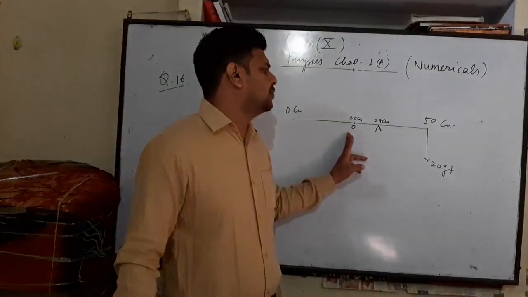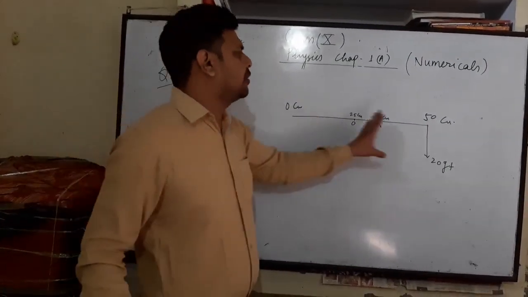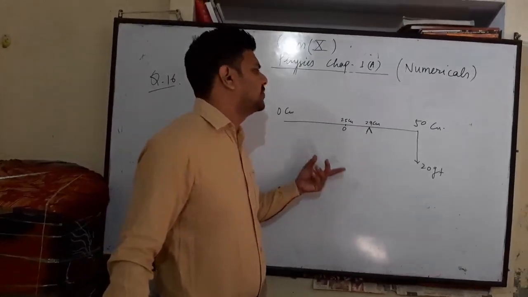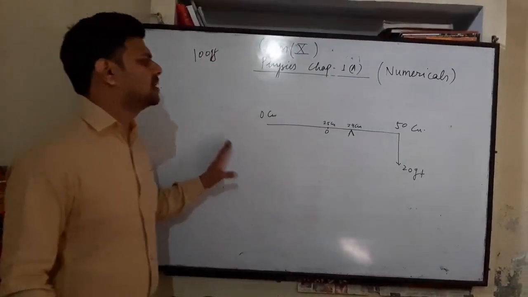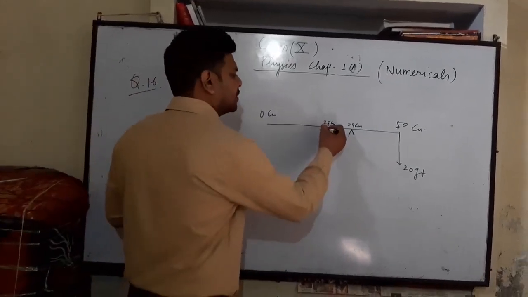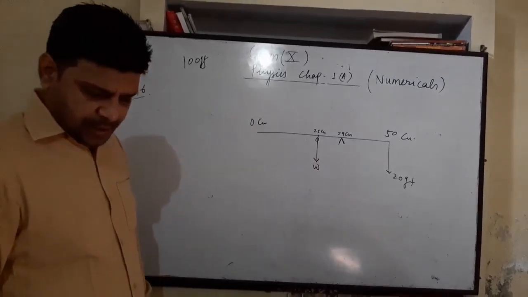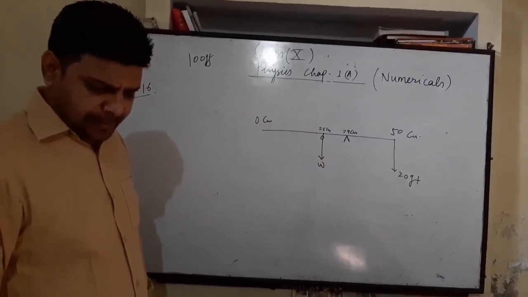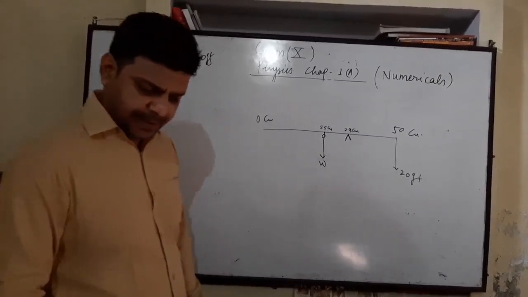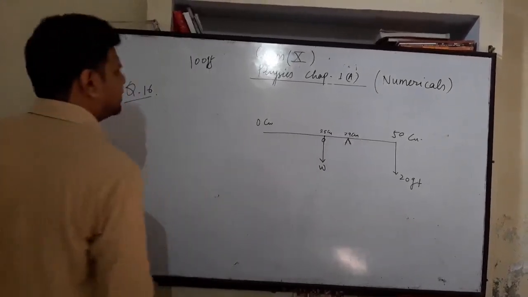So, we have to draw the weight of this rule. This is the uniform half meter rule. It is uniform in shape, regular in shape. So, the weight of this rule acts at its midpoint at 25 centimeter. This is the weight of this rule. Draw the diagram of the arrangement. This is the required diagram. And find the mass of the half meter rule.